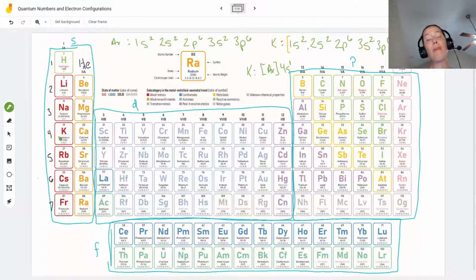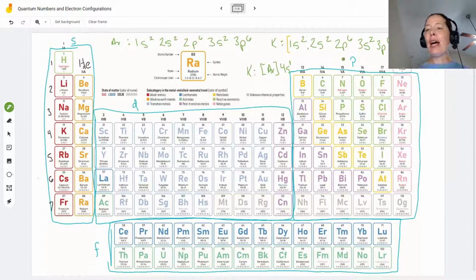Now, the thing to remember when using the noble gas shortcut is you have to use a noble gas. So if you're doing the electron configuration for selenium, you cannot tell the reader to go look at the electron configuration for arsenic and then just add one more. It must be one of the noble gases. Also, you have to choose a noble gas that you've already passed.